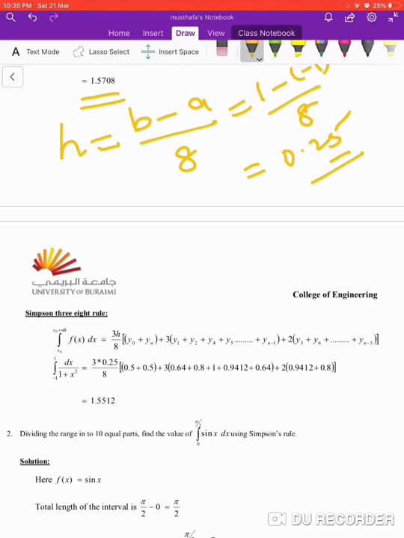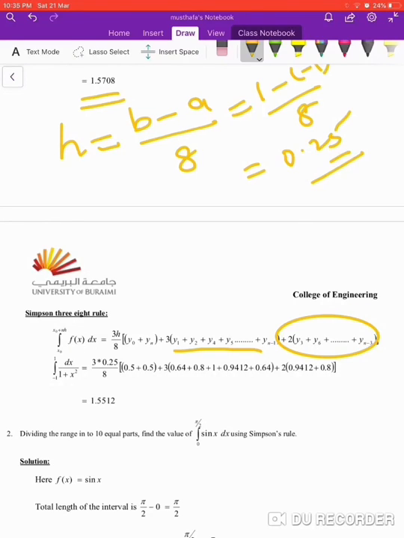Apply the value of h: 3 multiplied by 0.25 over 8. Same as before, the initial value plus the final value, plus, so just hold down this term.